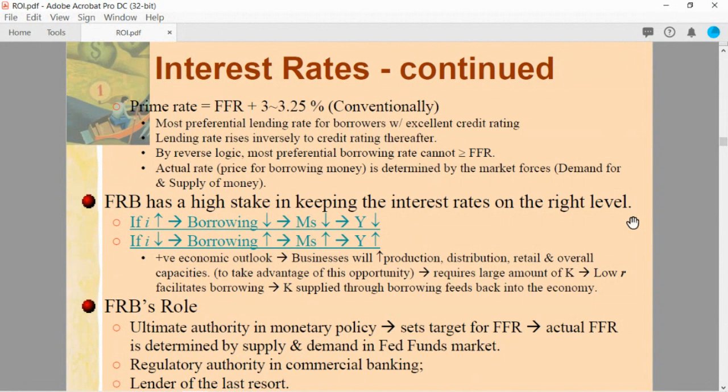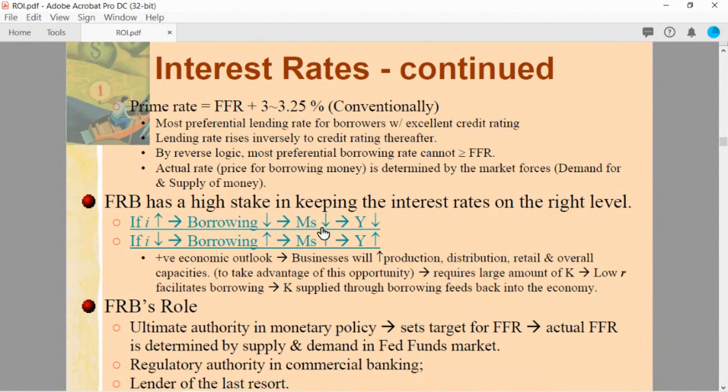They will downsize. They will lay off their workers, and you will lay off your workers too because it's a recession. Your goods are not selling. You have over capacity in production. You have to cut down on costs, so you lay off workers. They lost their jobs, they don't get paid, so spending goes down, right?